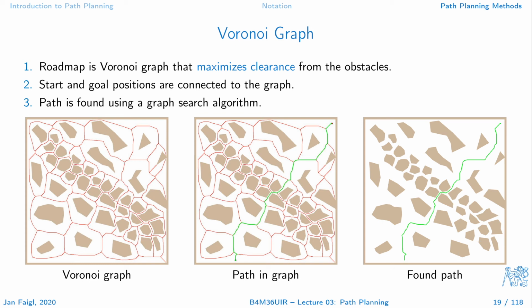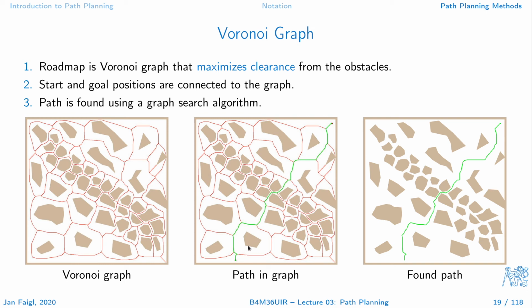That's behind the Voronoi diagram, and we can compute it, and then we will have a graph representation. We will check the initial location and the end location, find the closest collision-free path to the Voronoi diagram, and then find a path in this graph.